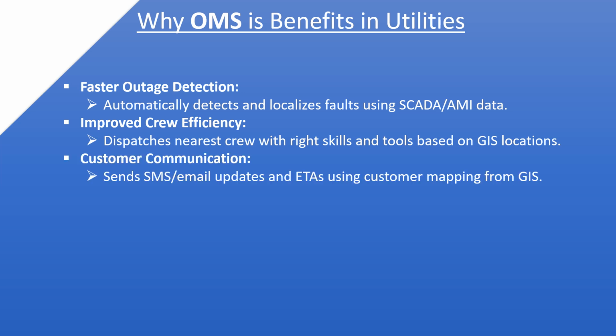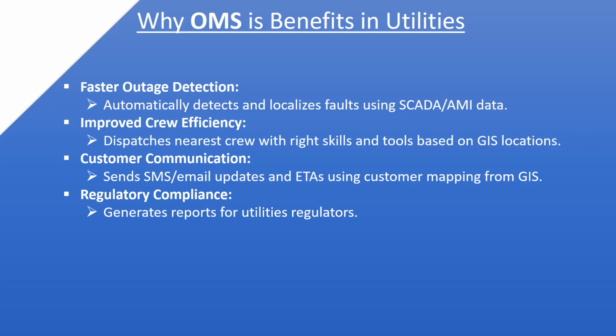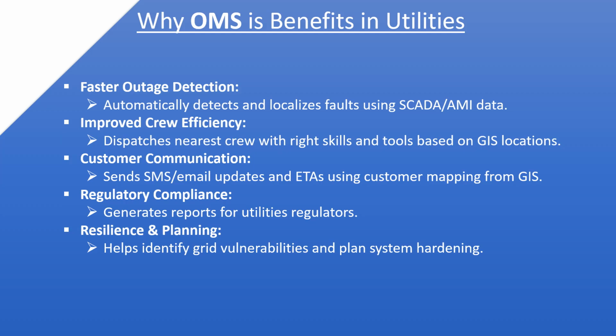Customer communication: sends SMS or email updates and ETR, estimated time of restoration, using customer mapping from GIS. Regulatory compliance: generate reports for utility regulators. Resilience and planning: helps identify grid vulnerabilities and plan system hardening.